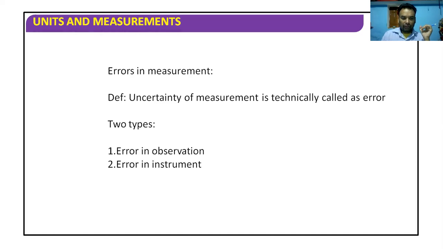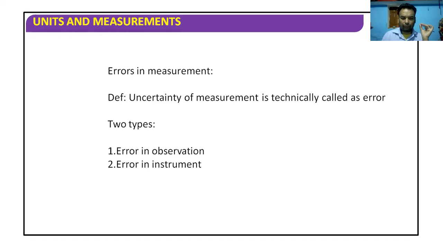Now the types of error: we have two types, error in observation and error in instrumentation. I will discuss these with the help of a general example. I already discussed the same example. It's a very simple example.